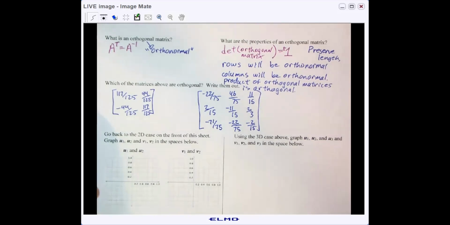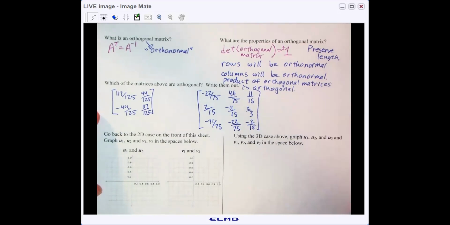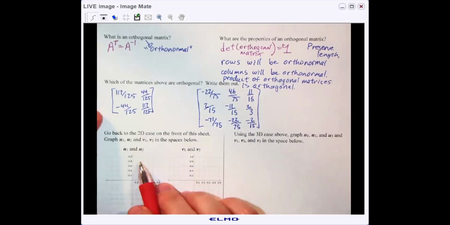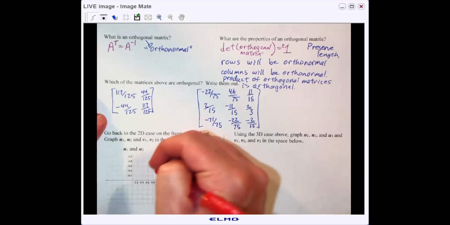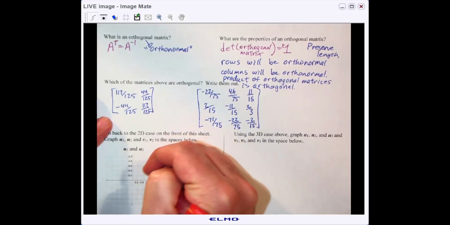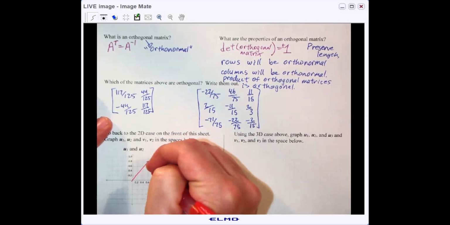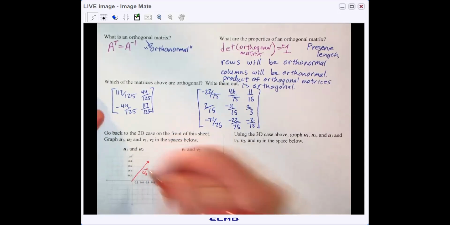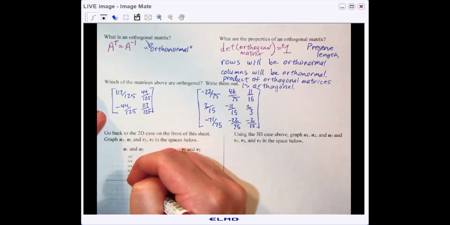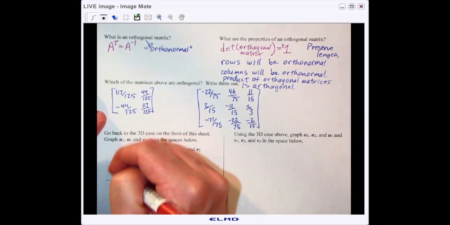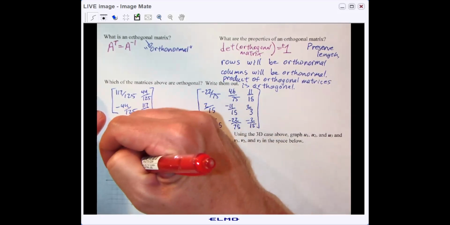So let me go back up to our original system here. We had U1 and U2. U1 was 0.6, 0.8, which would be this vector, and I'll name him U1. U2 was negative 0.8, 0.6, which is this guy.